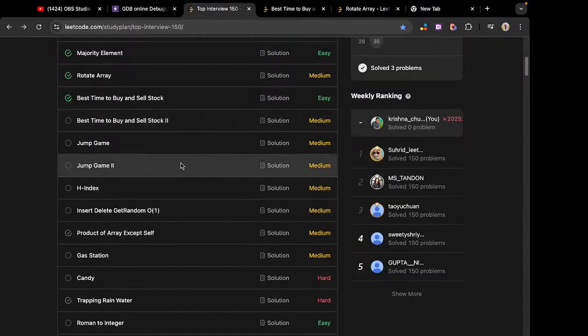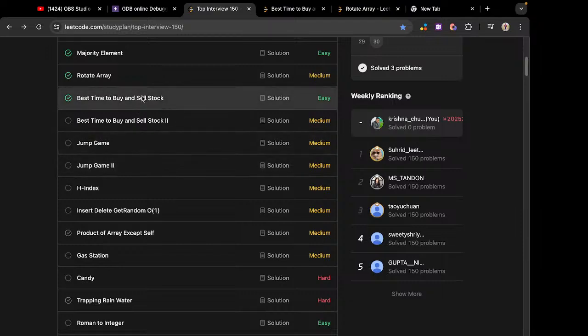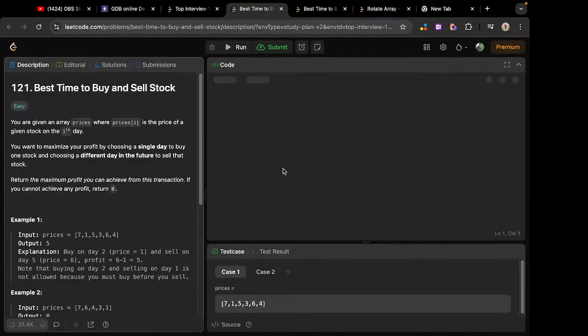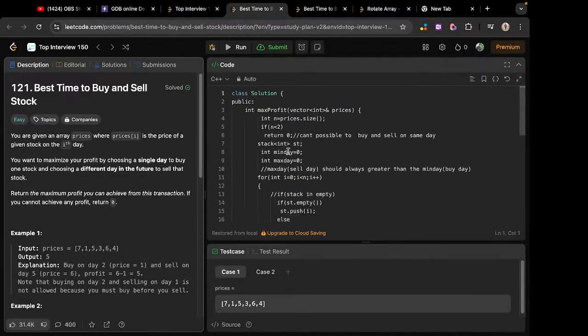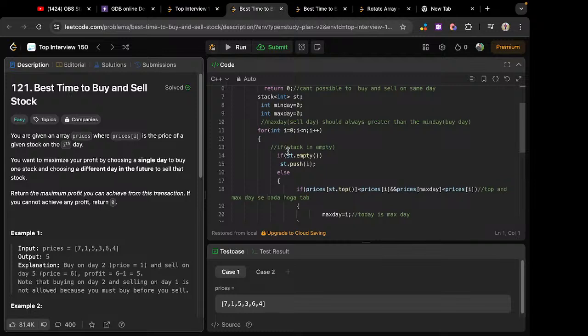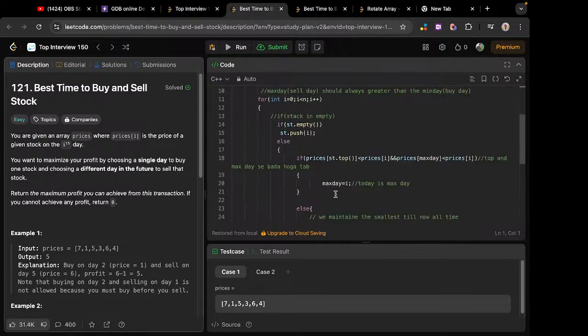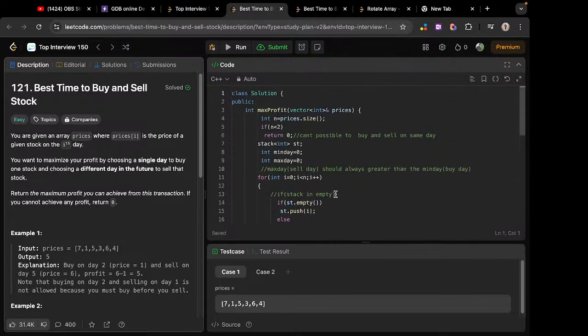Already solved the question just like this, in less than 2 hours. So let's go. What was that? Okay, then I will buy the stock and sell the stock.